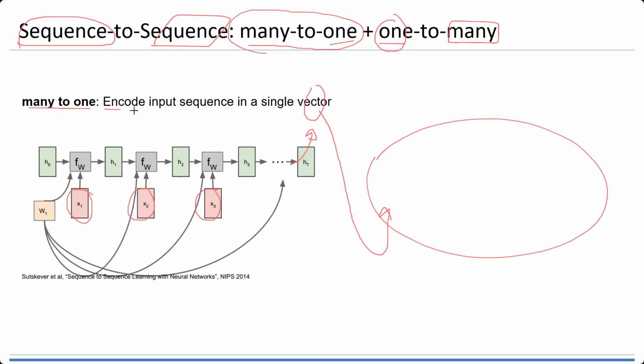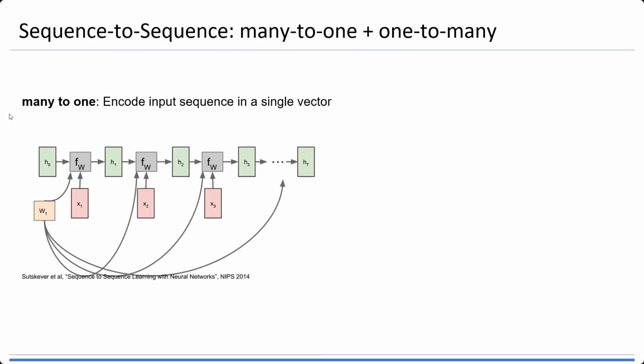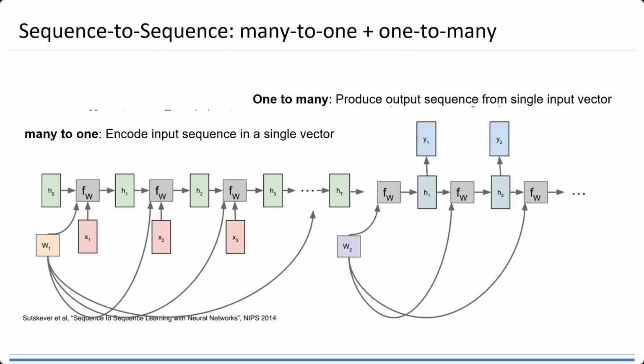We want to encode the input sequence in a single vector. And after we have the single vector, then we can do the one to many.